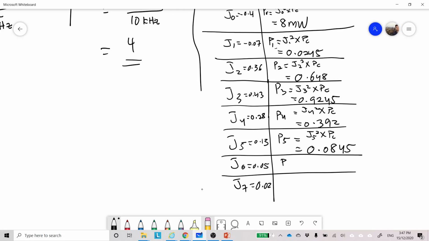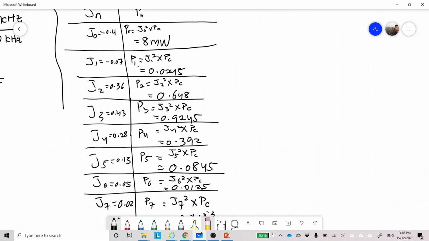Okay, and then P6. Then P7, J7 square. Okay.